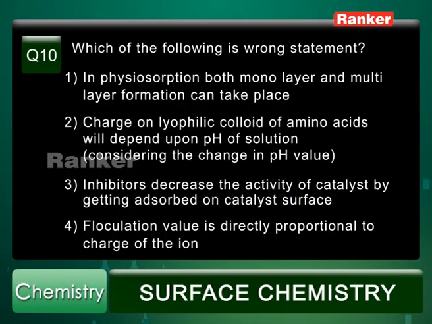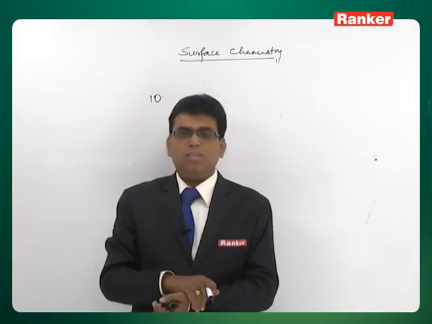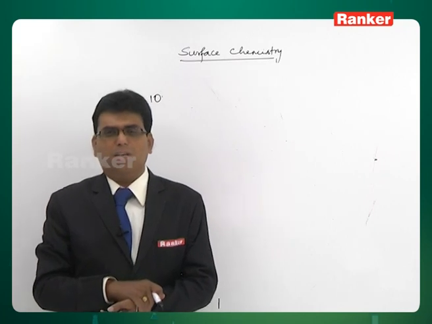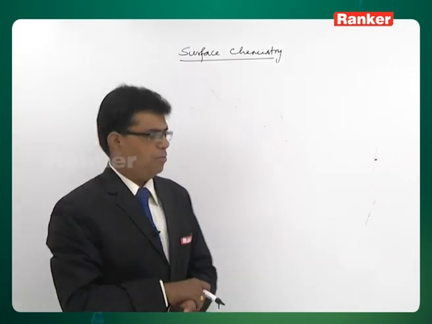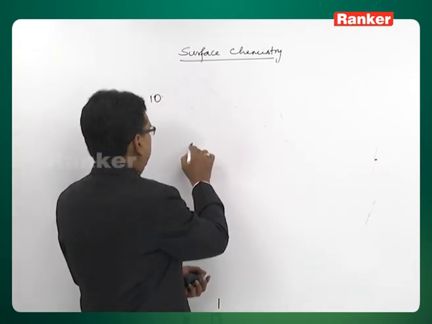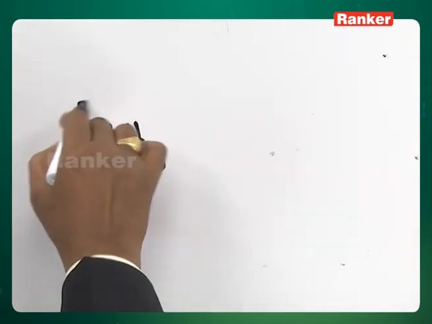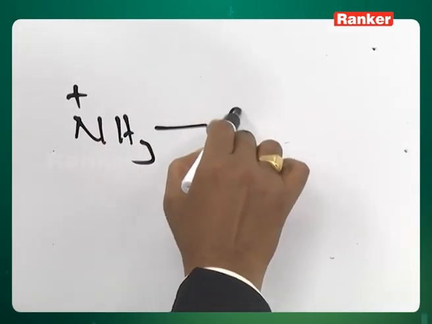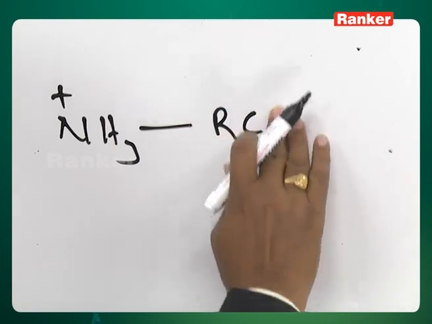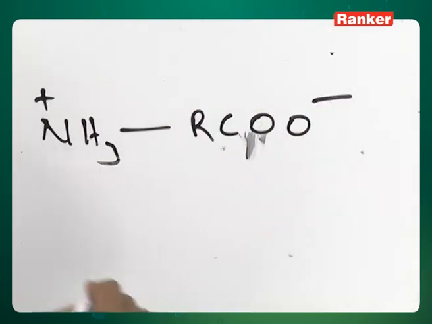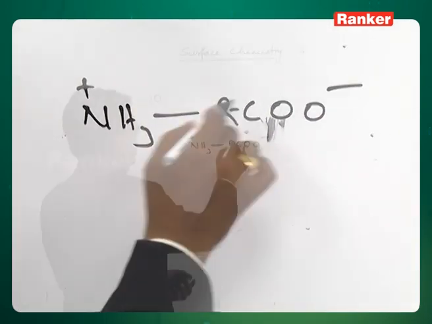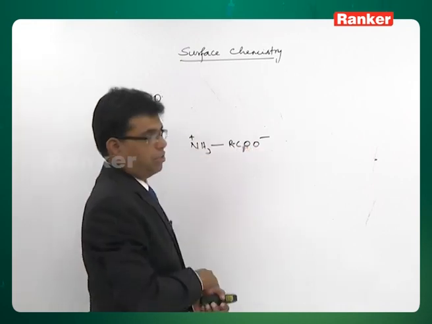The charge on lyophilic colloids of amino acids will depend upon the pH of the solution. Yes, exactly, because in amino acids we have a positive charge, the R group, and on the other hand a COO minus. At the isoelectric point, the positive and negative charges are equal.